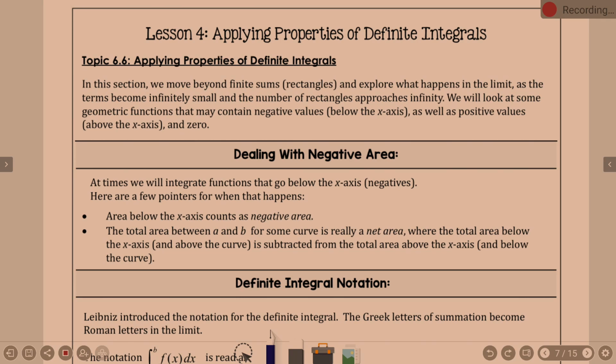In other words, when we have an integral set from A to B, if your curve is both above and below the x-axis, it will automatically take care of itself. That will just be based on the equation and your interval values.